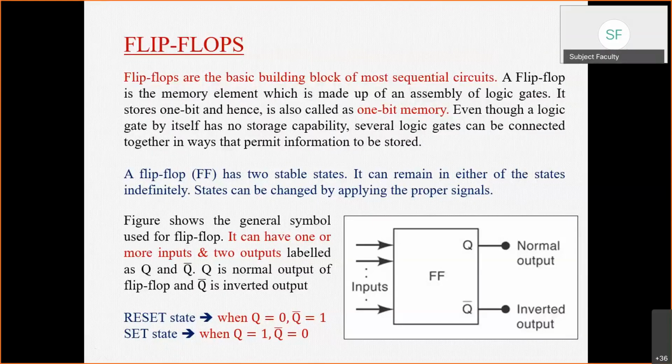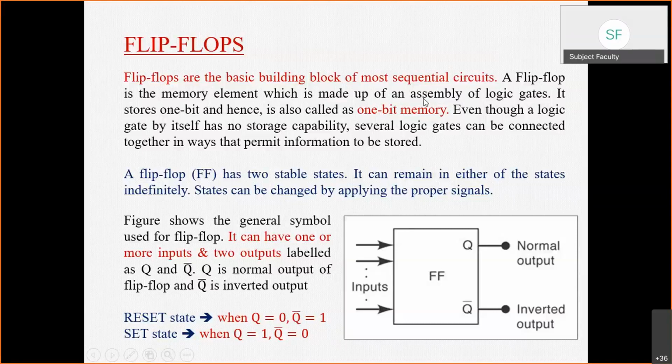Always remember that a flip-flop is also called a 1-bit memory cell. Why? Because one flip-flop will store only 1 bit. I will just read these points for you: flip-flops are the basic building blocks of most sequential circuits. A flip-flop is a memory element made up of an assembly of logic gates.